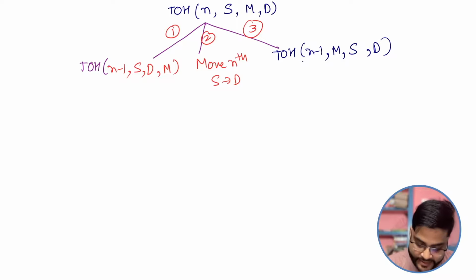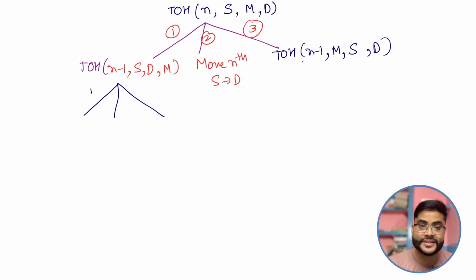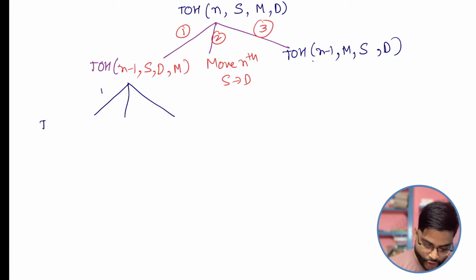And we are moving the nth disk, because the n minus 1 disks were moved to the middle rod. We are moving the nth disk from source to destination. Again, for n minus 1 disks, we will perform 3 tasks. The first task will be to call my function for n minus 2 disks.